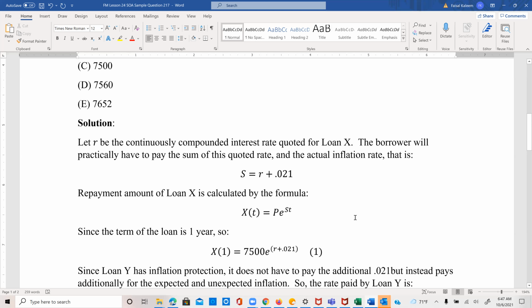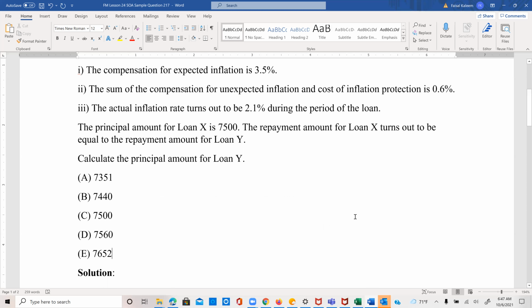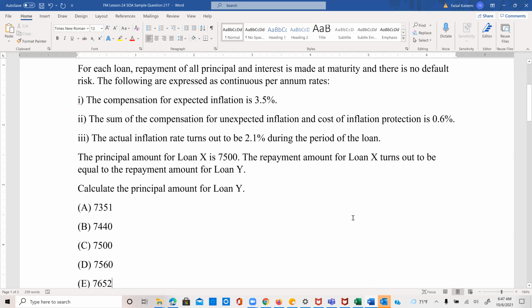Now loan Y has inflation protection. So what they are doing is that in order to get protected for inflation, they are upfront paying this extra 3.5% for expected inflation. And then there could be some unexpected inflation, and for the cost of that, they're paying an extra 0.6%.